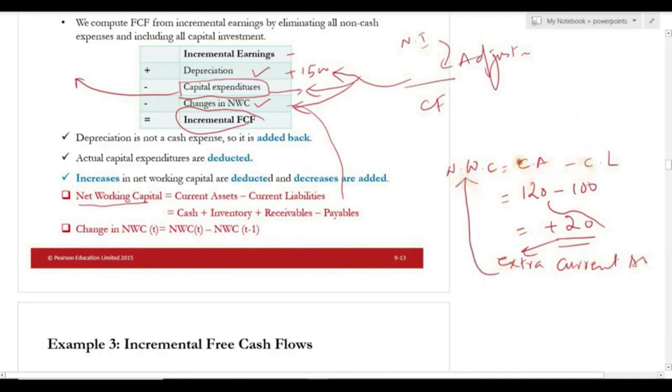Okay, so it means in this 120 we have 100, we have plus 20, right, minus 100. So it means 100 of current liabilities are used to finance this 100 of current assets, but where did this 20 of current assets come from? Normally they came from the long-term funds.